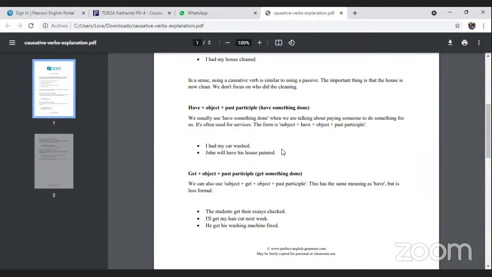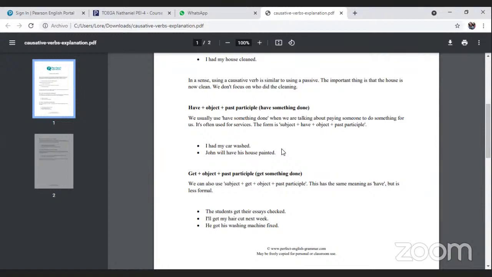Okay. Before I start reading, is there any difference between using get and have? Instead of saying I had my house cleaned, would it be okay to say I got my house cleaned, or is it not correct? Oh yeah, there is just a little difference between those, right?